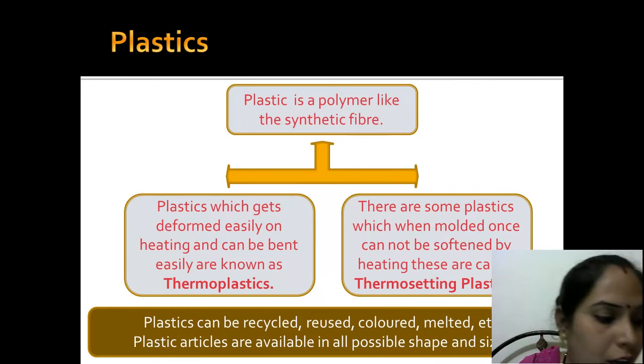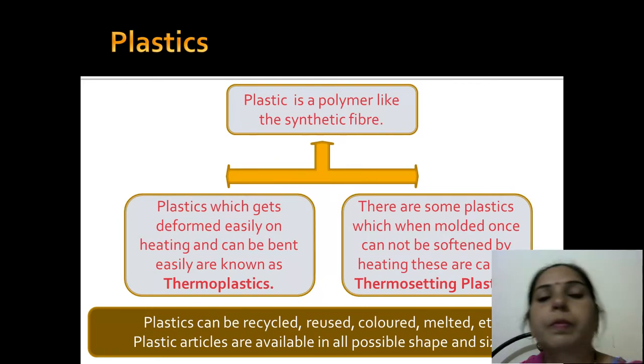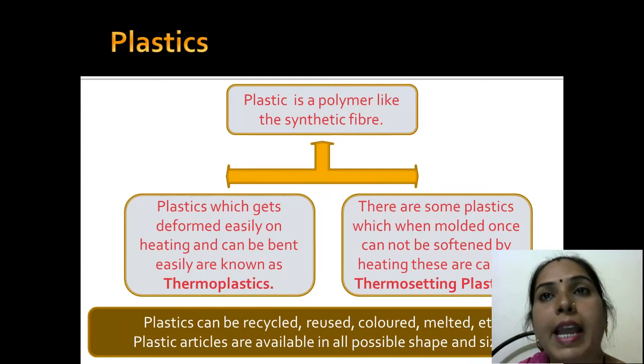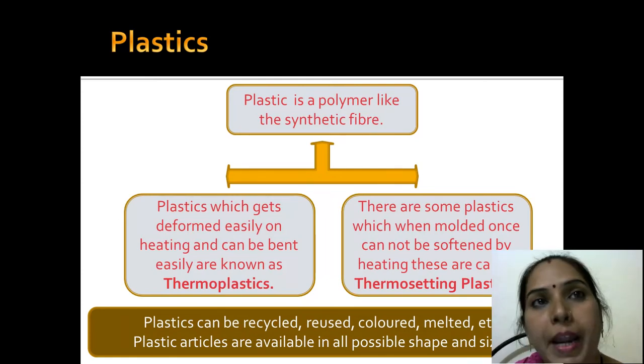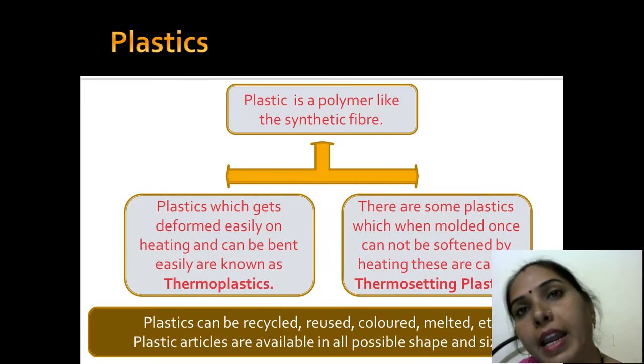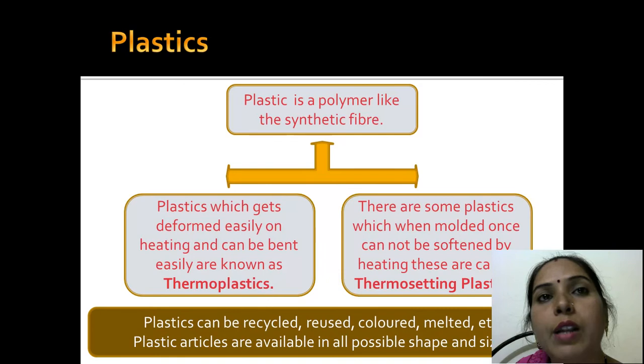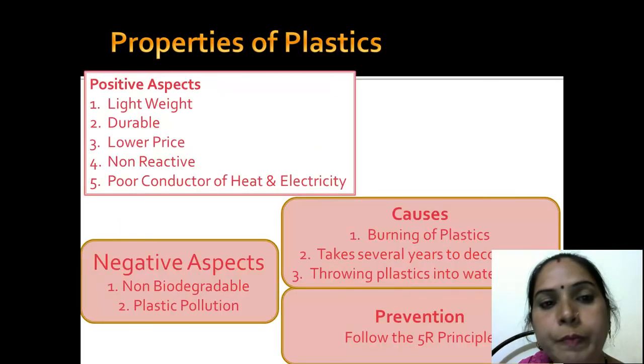Thermoplastics can bend easily, but in the case of thermosetting plastics, once you have molded them, they cannot be softened by any heating. Is that clear? Now let's move on.